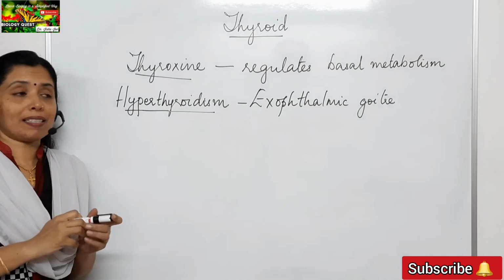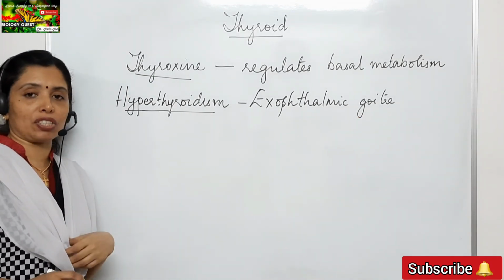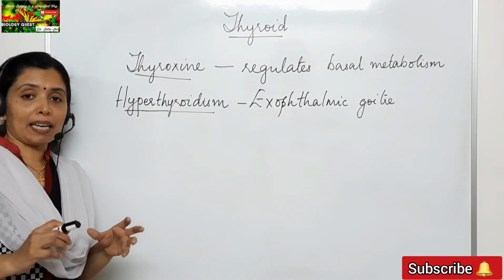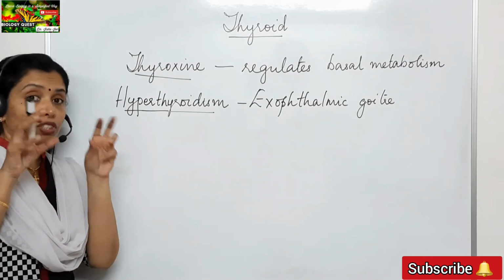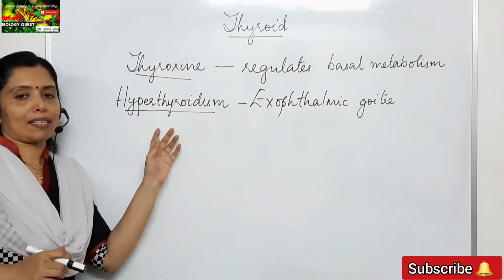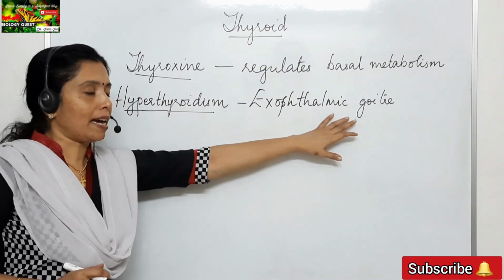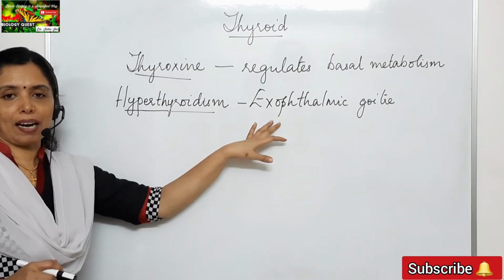Exophthalmic goiter means here also you can see goiter. There is a swelling in the neck region. It is accompanied by the protruding or projecting eyes. Eyes get protruded in exophthalmic goiter. There is goiter or swelling of the neck accompanied by protruding eyes.